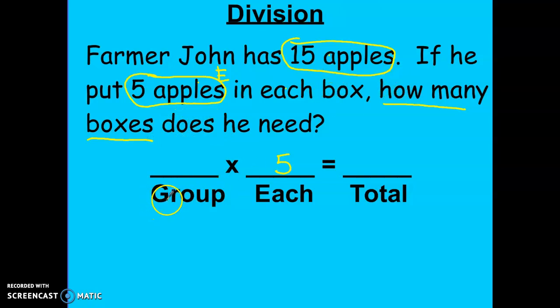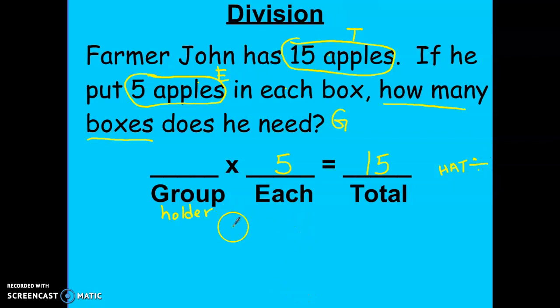Once again, the group is your holder. So I know I don't have my group right now. In other words, 15 apples would be my total. I'm looking for my group. So 15 is my total. Well, because I already had a total, that's a heads problem. That means I'm going to divide.